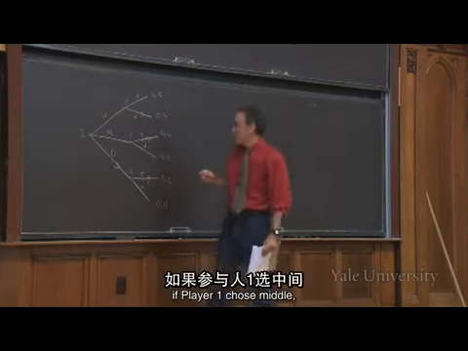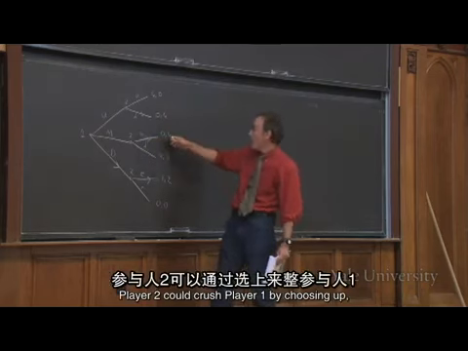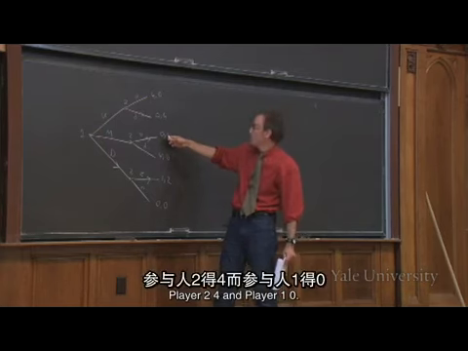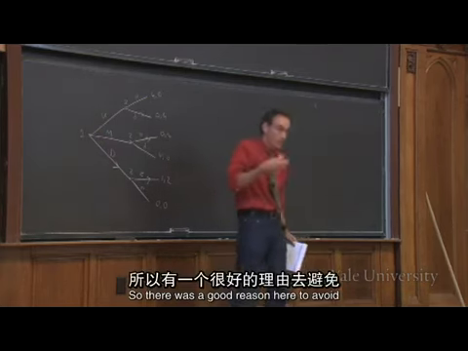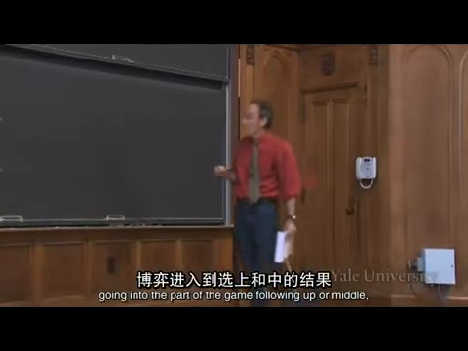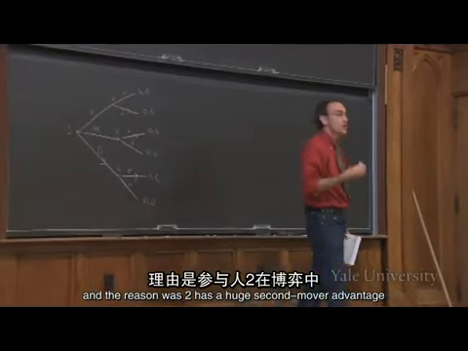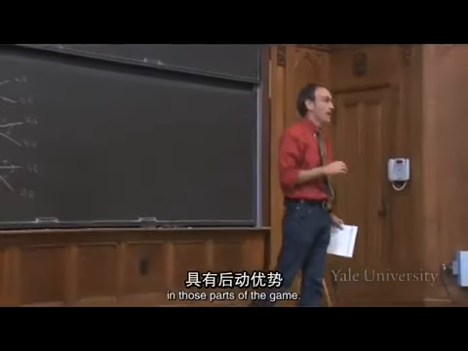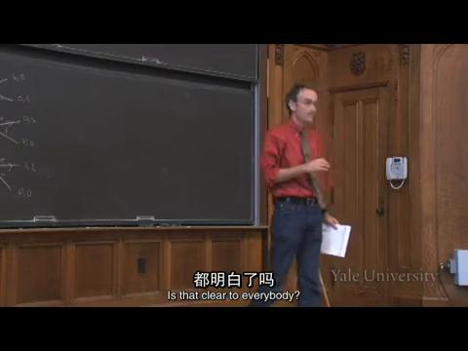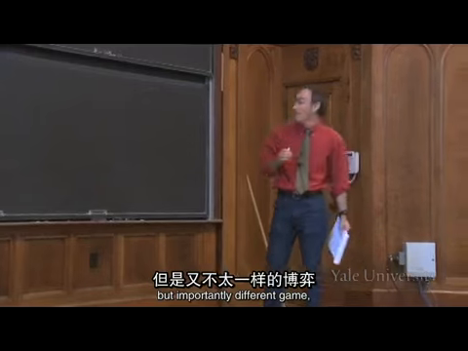Conversely, if player 1 chose middle, player 2 could crush player 1 by choosing up, which gave, once again, player 2 4 and player 1 0. So there was a good reason to avoid going into the part of the game following up or middle, and the reason was that player 2 has a huge second mover advantage in those parts of the game. Is that clear to everybody?